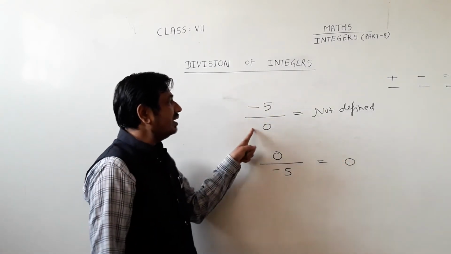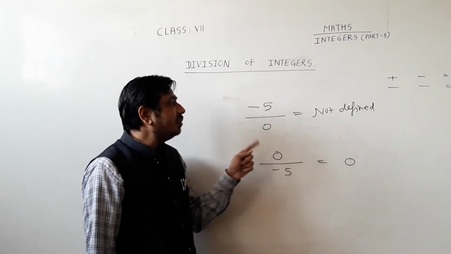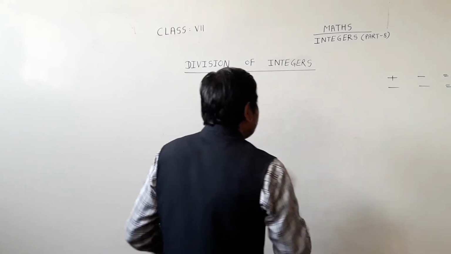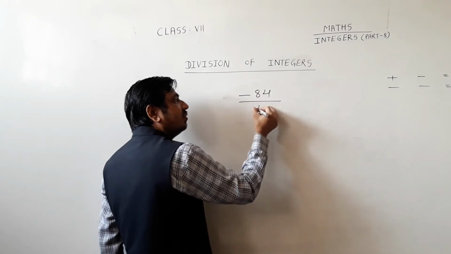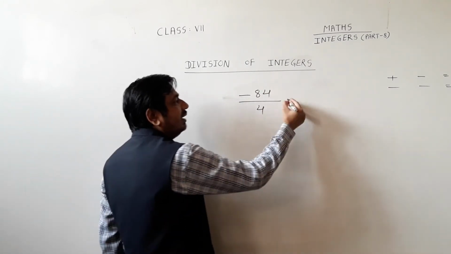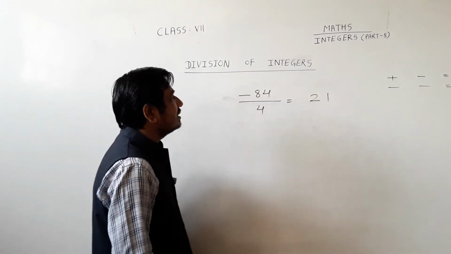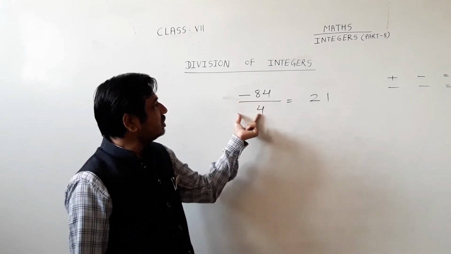And remember this thing, minus 5 is an integer, 0 is an integer, but we can't divide by 0. Okay class? Now class, take one more example. Minus 84 divided by 4. What is the answer? Simply divide, you get 21. And class, the sign is minus and plus. It is a negative integer and a positive integer.